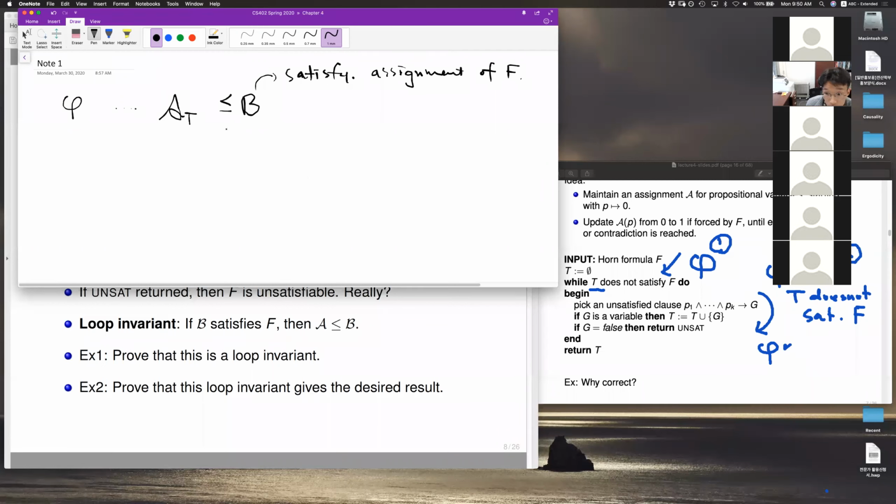Now, in the beginning, this is true. After initialization, the base step, number one, we have to show this is true.